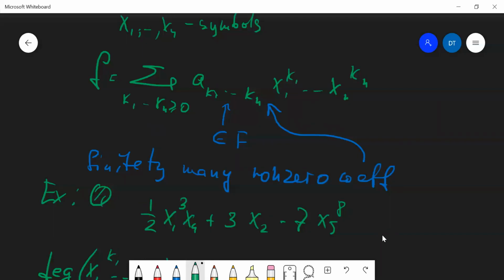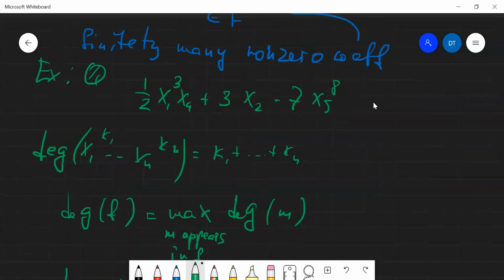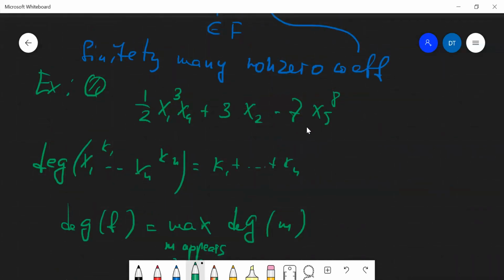Okay, so now what I want to discuss: if we are given a polynomial in one variable, there is a very simple way to choose the highest possible monomial in this polynomial. You just do it by considering a monomial of the highest degree.